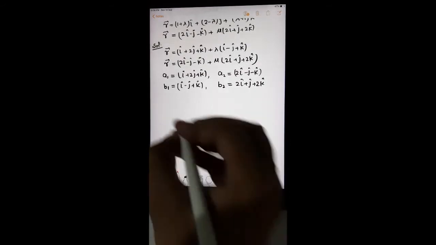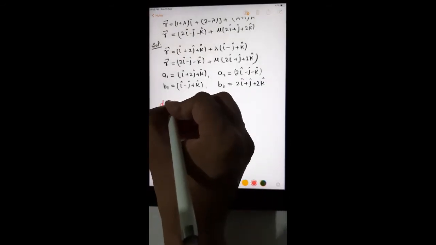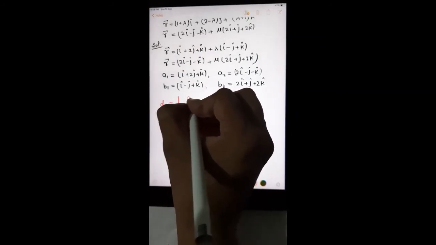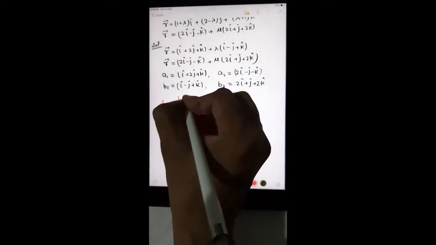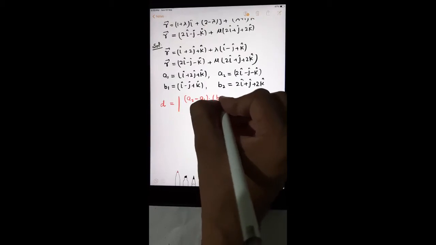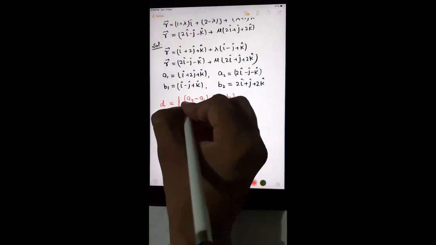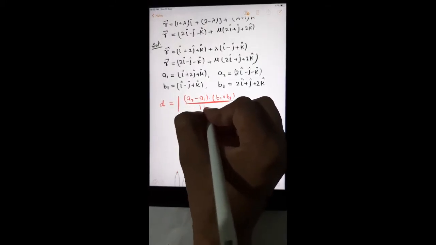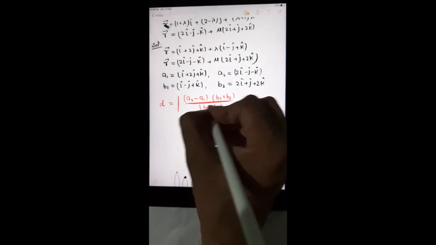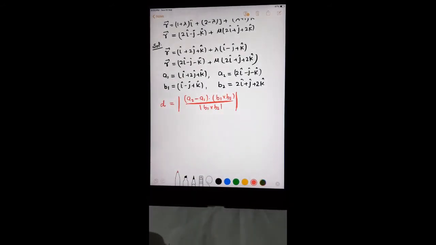Now we know the formula to find the distance between two lines, that is A2 minus A1 dot B1 cross B2, divided by the magnitude of B1 cross B2. So whatever we require here, first of all we will obtain that.